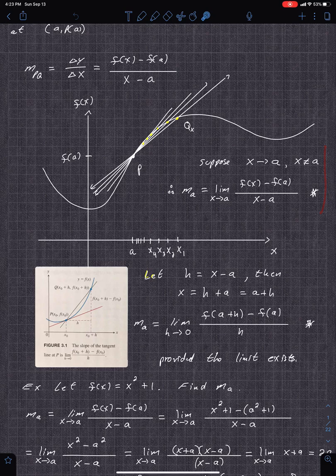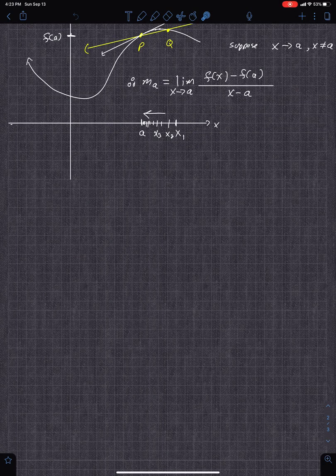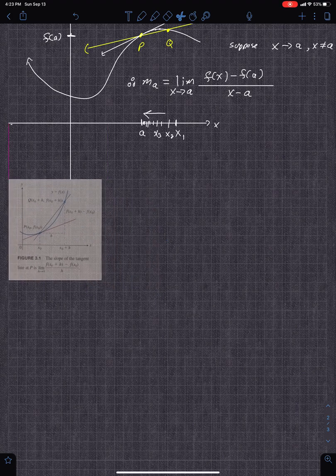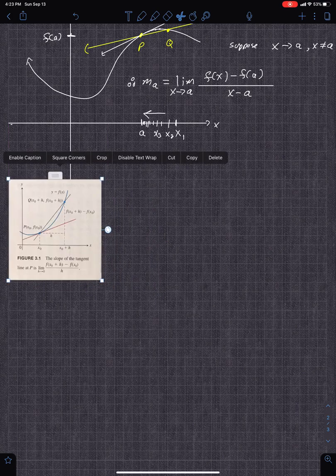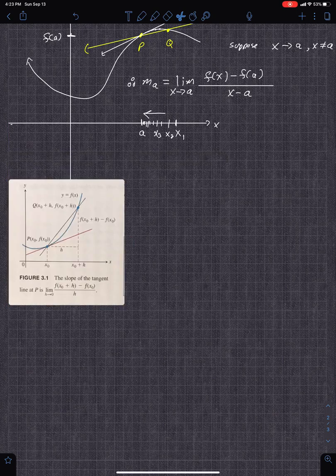Same thing I wrote there. This is right from the book, because we want to define another way to write it. So using this notation, take a moment to pause and study this.